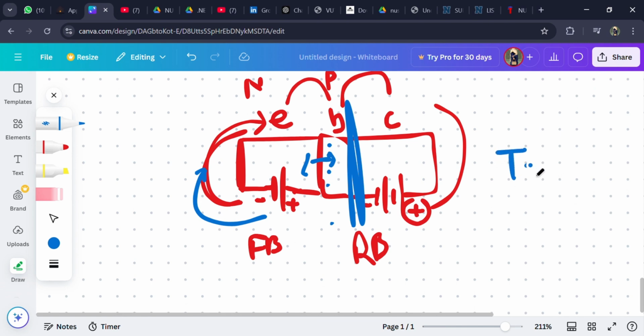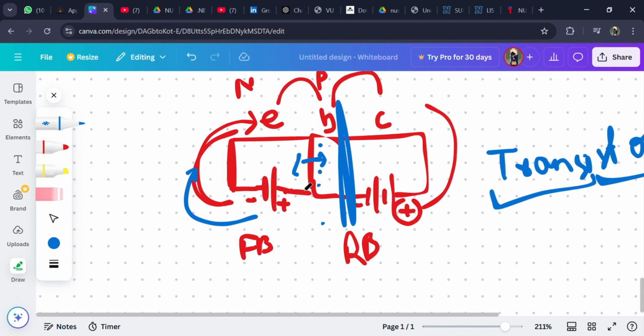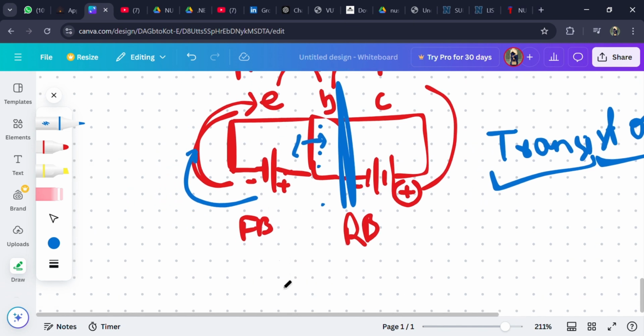This is the basic reason we call this the transistor. If you have seen my video, in the starting, when I gave the introduction to the transistor, I highlighted that transistor is derived from two terms: trans, which means transfer, and resistor. The transistor is the transfer of resistance.